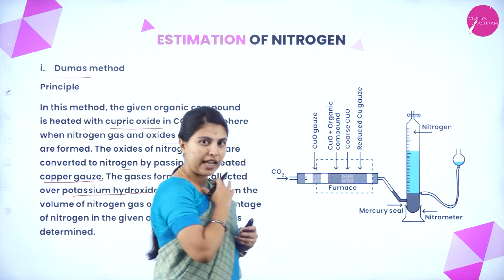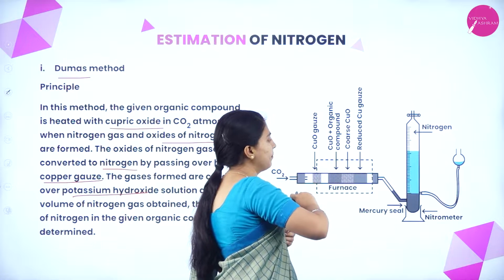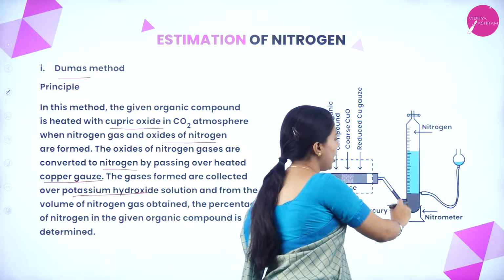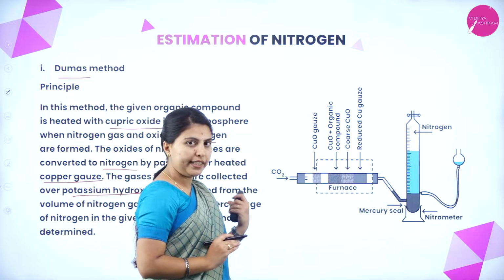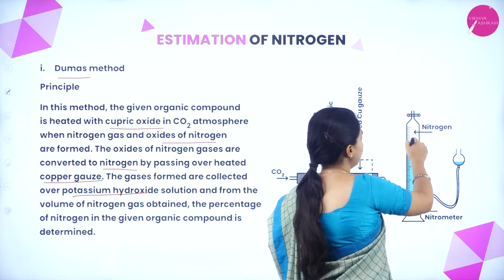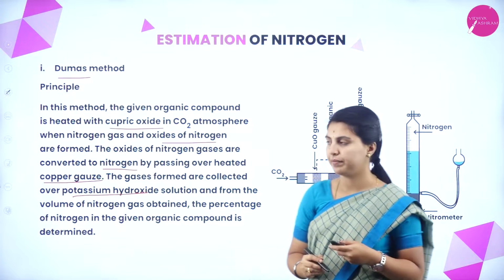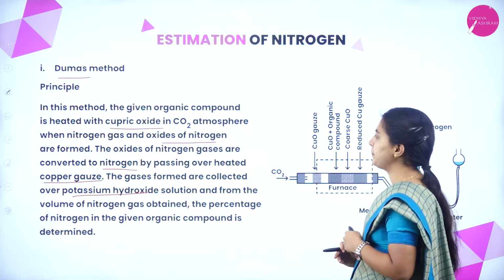After that, the gas will be heated over the copper gauze, and the gases produced over that heated copper gauze will be present here. By this nitrometer, the nitrogen will be estimated. This is the principle.